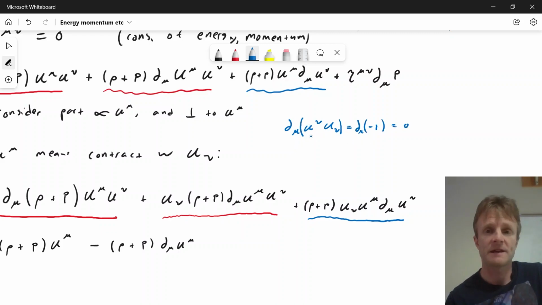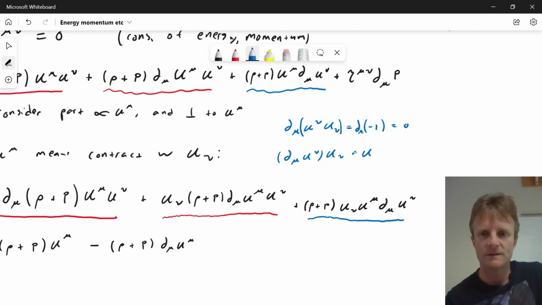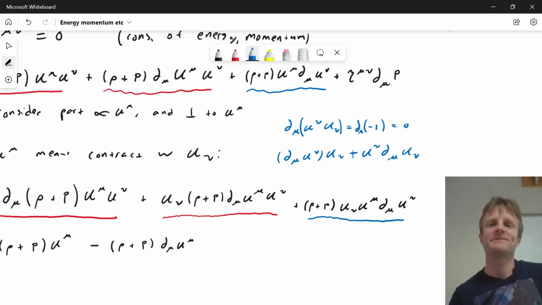But we can expand this one out with the chain rule. There's the Leibniz rule, so there's two terms: ∂_μ u^ν times u_ν, plus u^ν times ∂_μ u_ν.